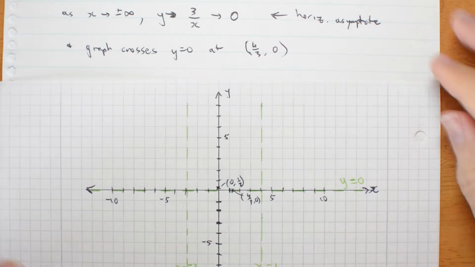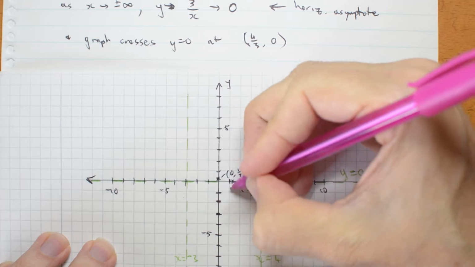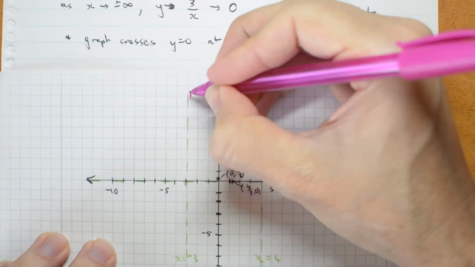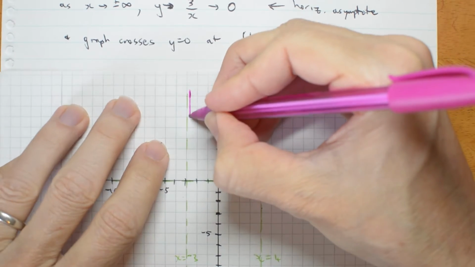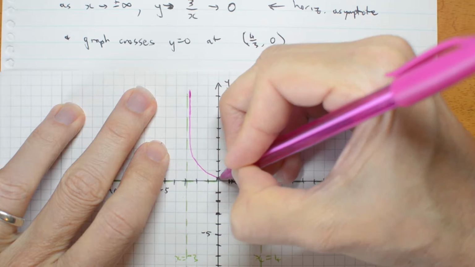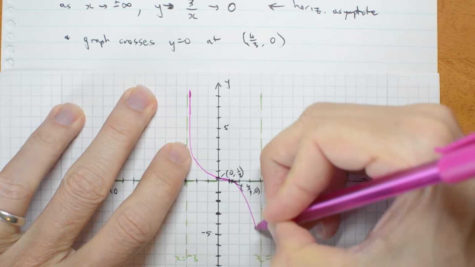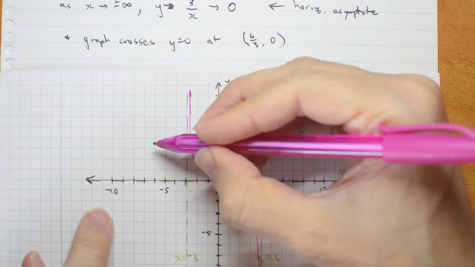What's my graph doing around those asymptotes? Well, it's crossing here. It doesn't cross this asymptote anywhere else. So it must be going up here and down there. In fact, I can draw that straight away because I know what it's doing. It doesn't have much other choice. What's going on over this side?